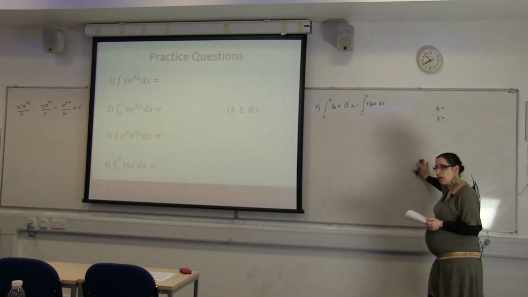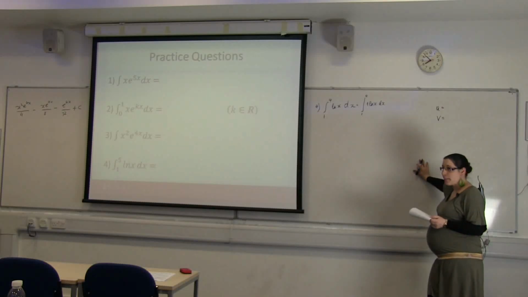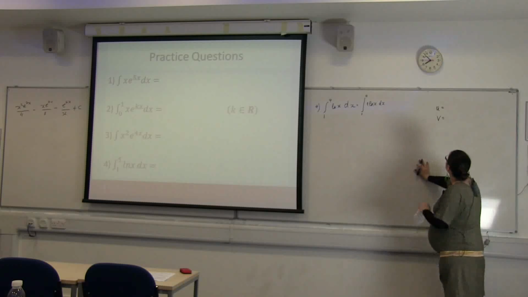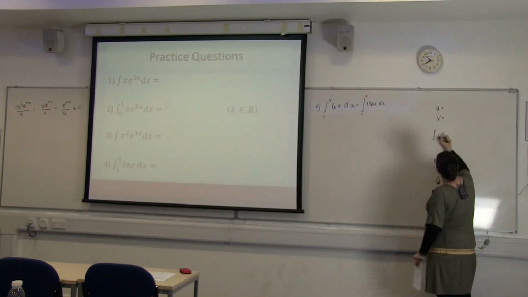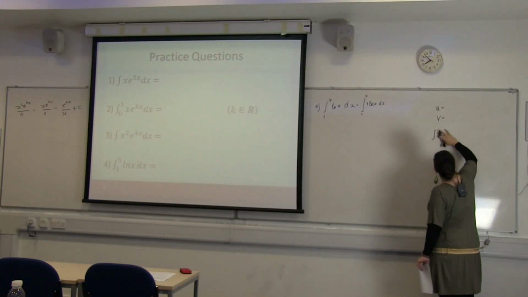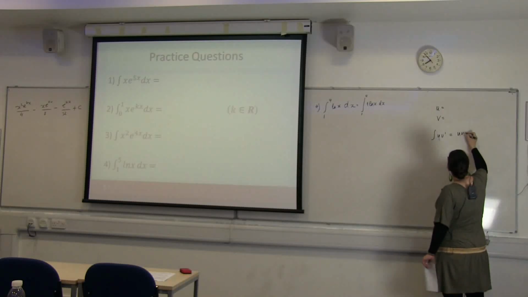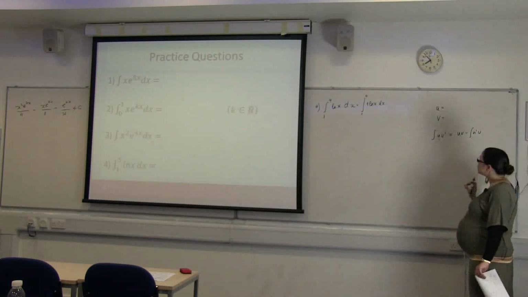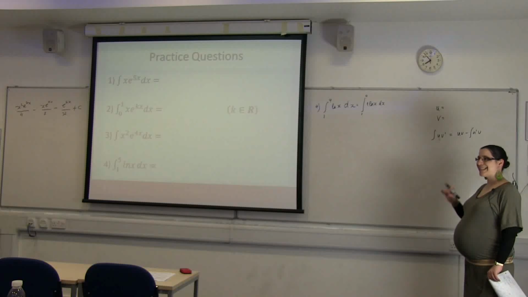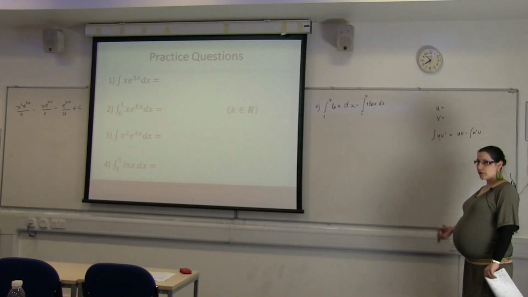So that would not work for ln x to be v prime. Because again, remember the rule is integral u v prime equals uv minus integral u prime v. So you want u to be the function that gets simpler after you differentiated it.